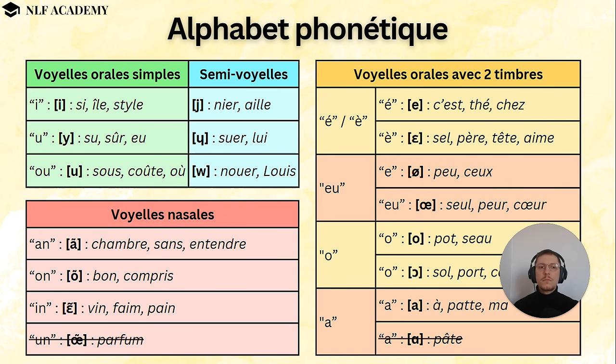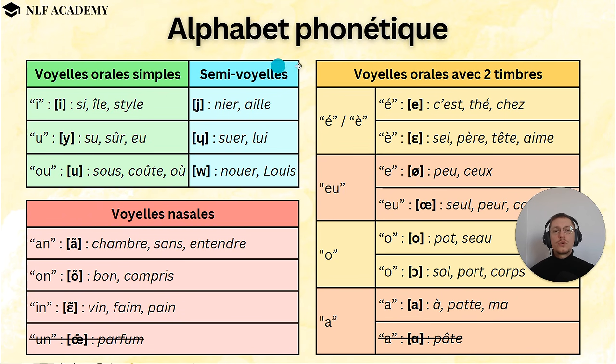Let's go. These are all the different vowel sounds in French. So here there are no consonants, there are only vowels. We have the sounds I, U, OU.